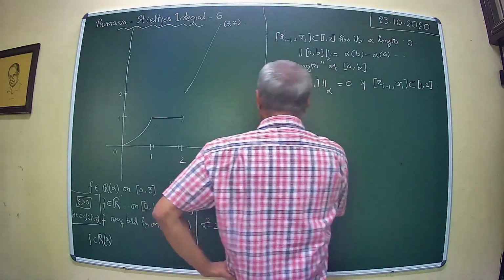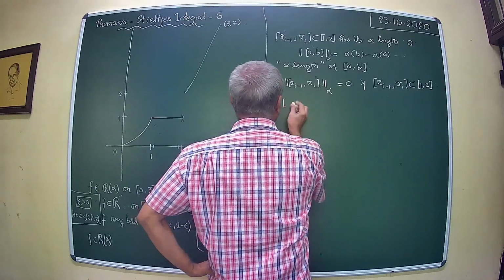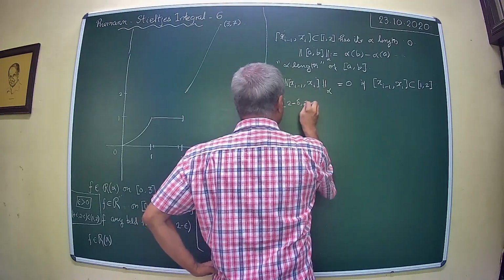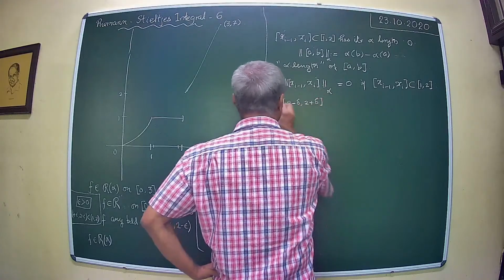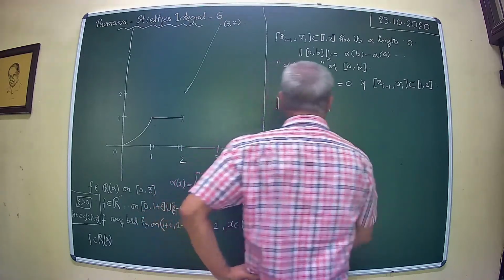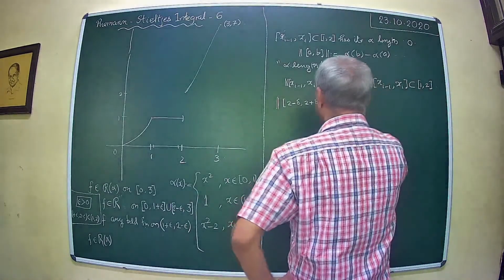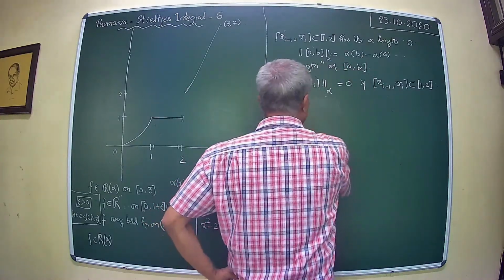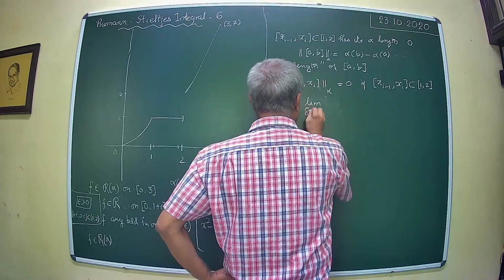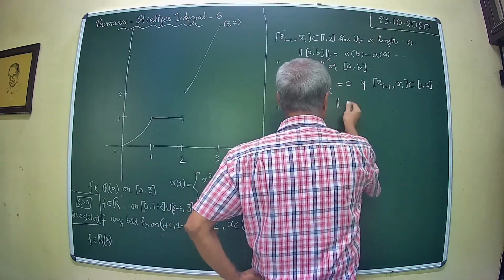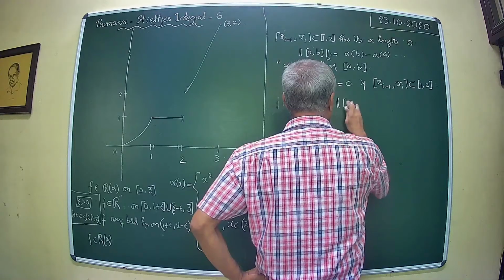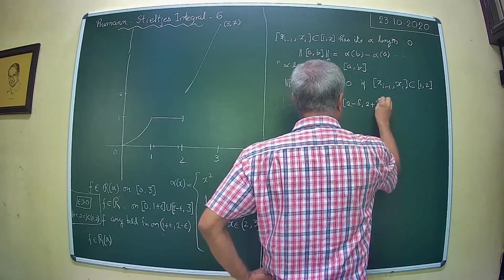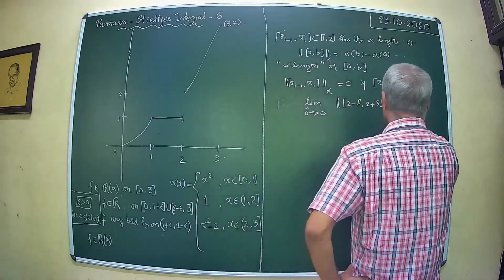And one more thing that you observe is that the alpha length of 2 minus delta to 2 plus delta is equal to, I have computed this last time, the limit as delta tends to 0 of the alpha length of this.